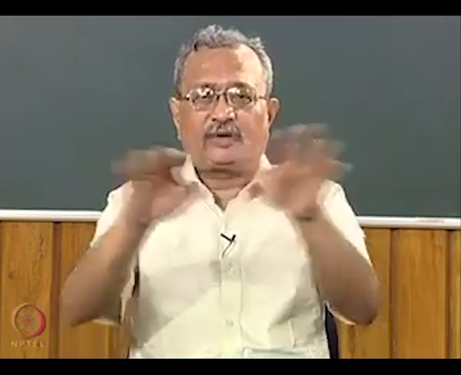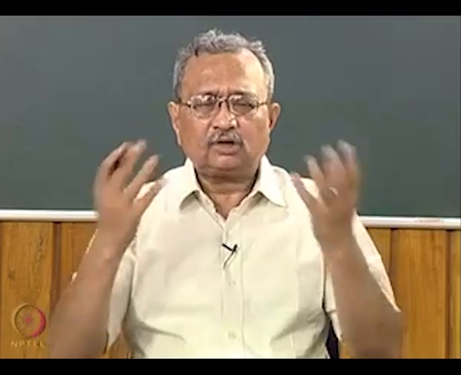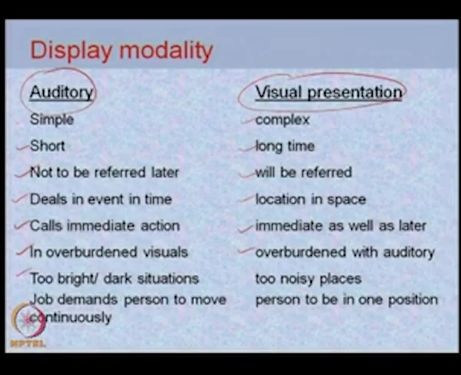Overburdened with auditory, like in a fair where lot of noise are there to draw attention or somewhere else, some light signal may be necessary. Auditory signals can be used in too bright or dark situations, and too noisy places visual presentations are required.